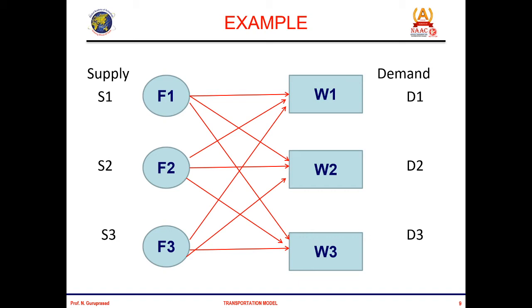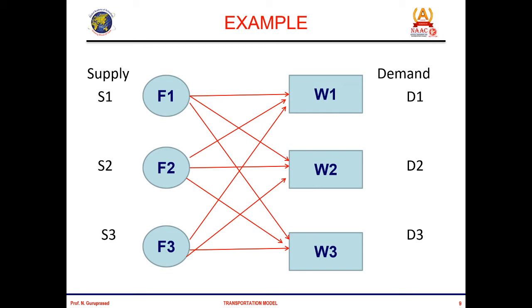That means the total number of products supplied by factory F1 will be S1. Similarly, the total number supplied by factory F2 will be S2 and factory F3 will be S3. That means the three factories will supply a total of S1 plus S2 plus S3 products.